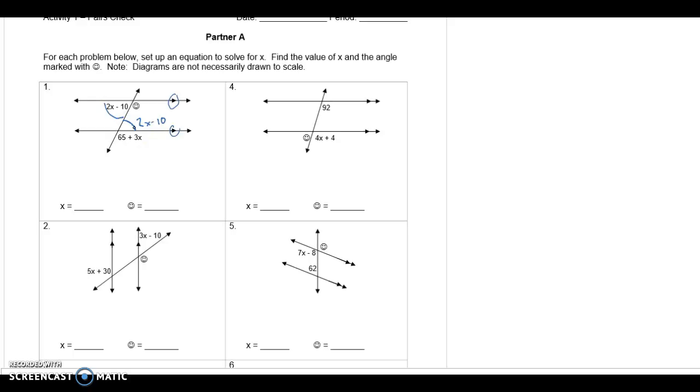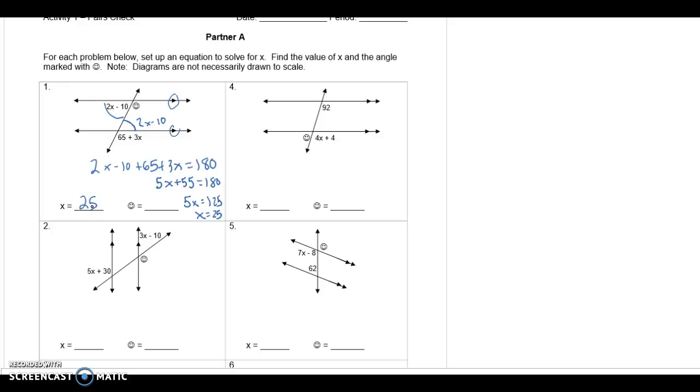So what I'm going to do then is take 2x minus 10 plus 65 plus 3x, and set it equal to 180. Combining terms, I've got 5x plus 55 equals 180. And when I subtract 55 from both sides, I'm going to get 125. So x is 25.